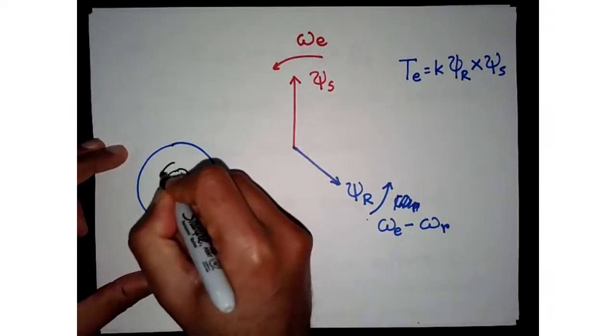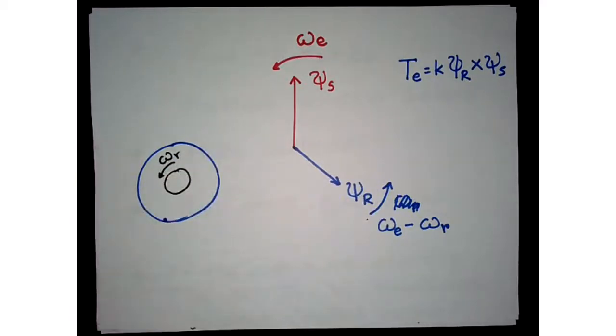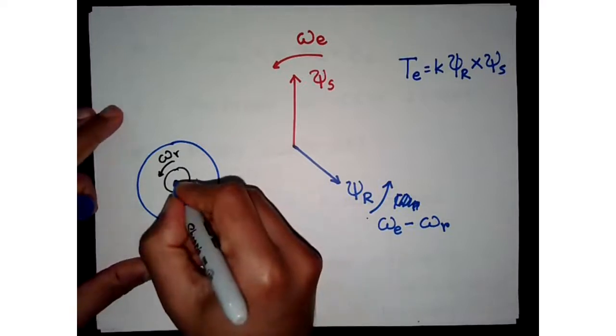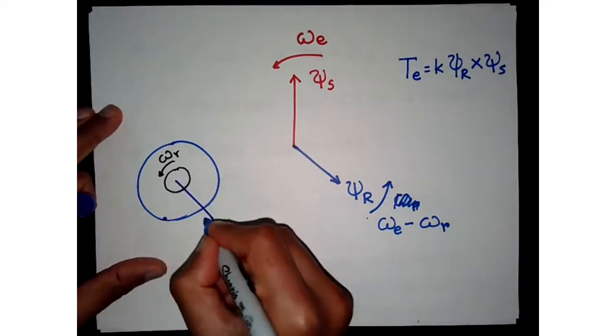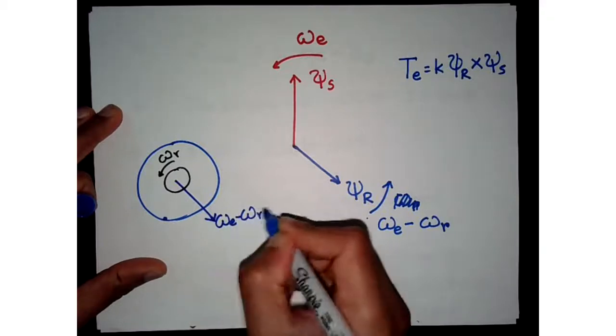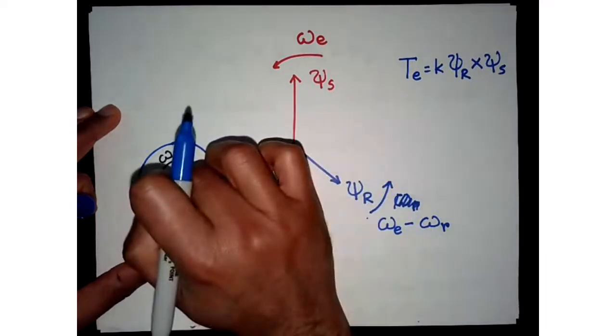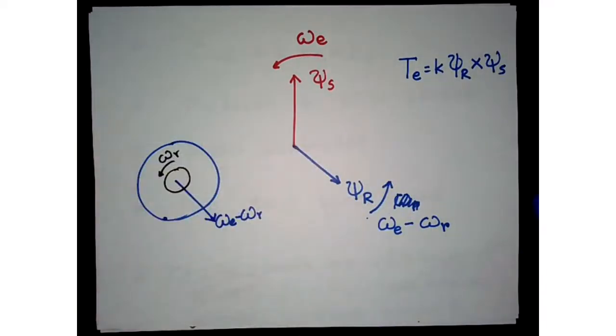The rotor is moving at omega r. The rotor flux is moving at omega e minus omega r on the rotor itself, right?